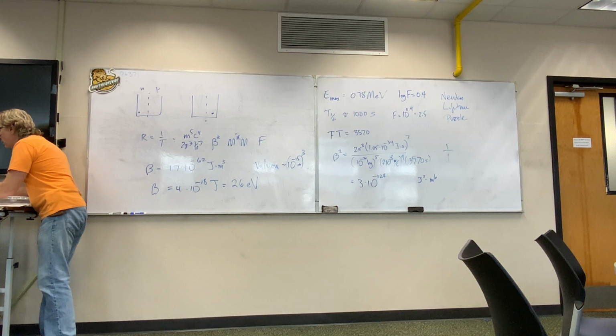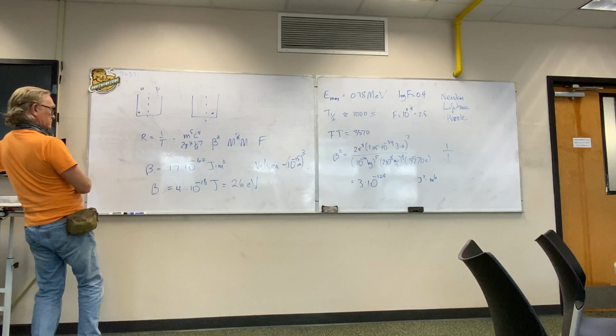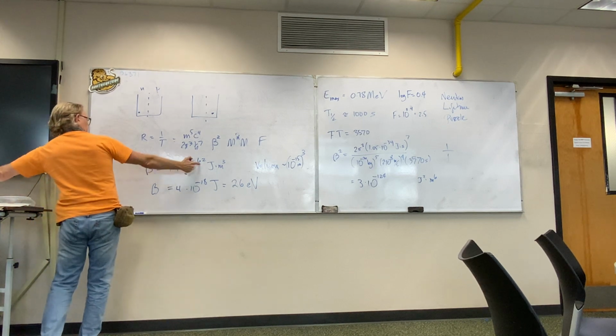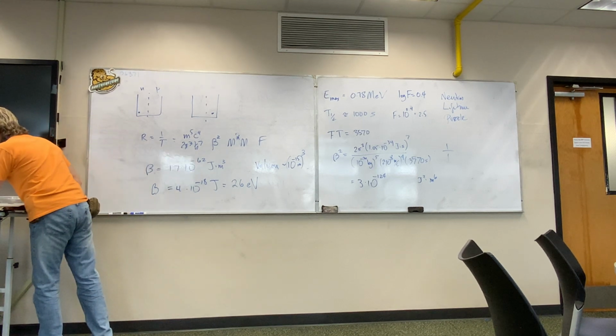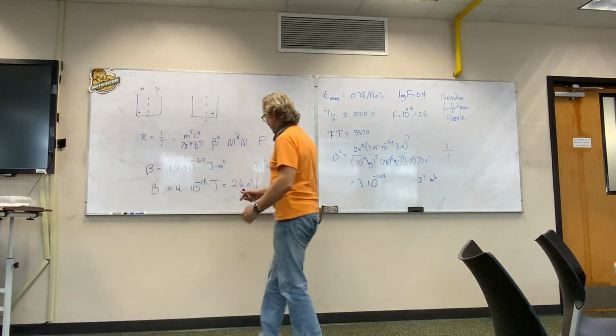You got a number close to what I got, something on the order of 10 to the minus 62. He gets a fraction of an eV for that.